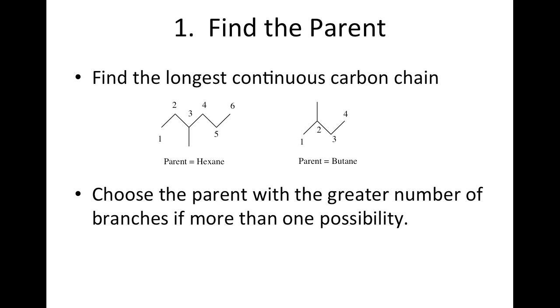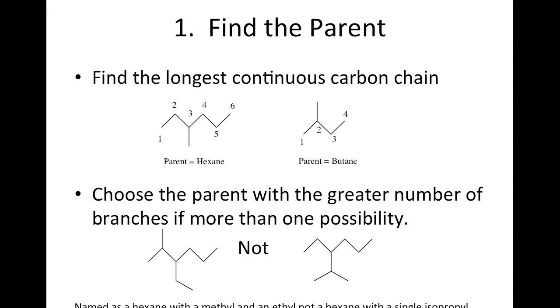Sometimes you're going to encounter numerous ways to number a parent compound. You're going to always want to choose the parent with the greater number of branches if more than one is possible. So for example, if you look at the molecule on the left, the longest continuous parent chain is a hexane. Now you can draw it this way with a methyl and an ethyl group coming off, and that's the correct way to do it.